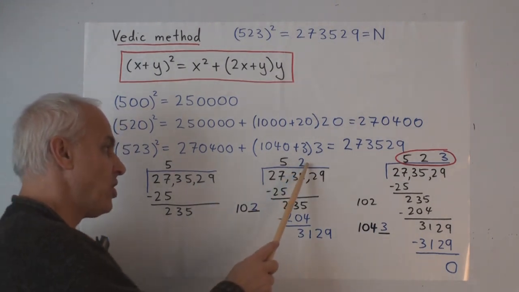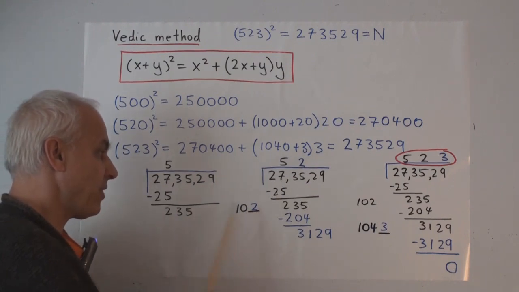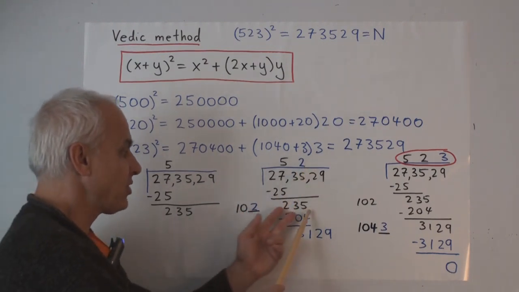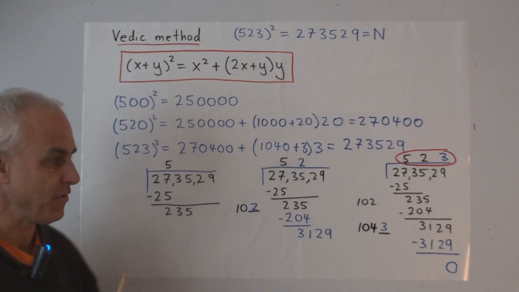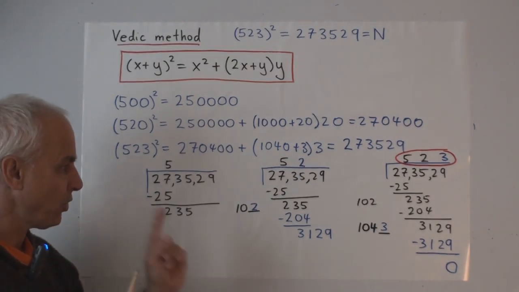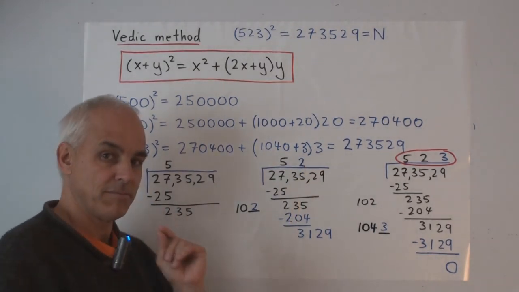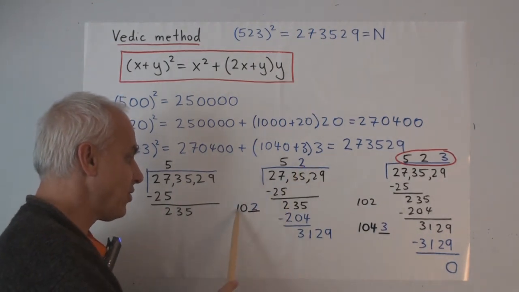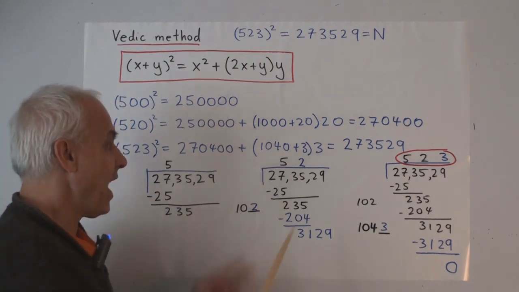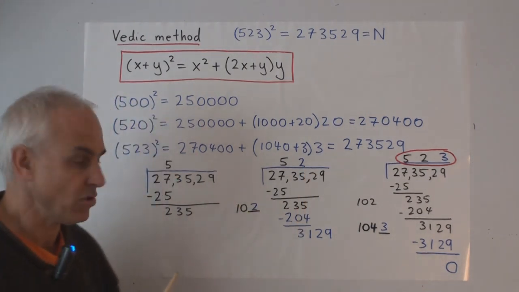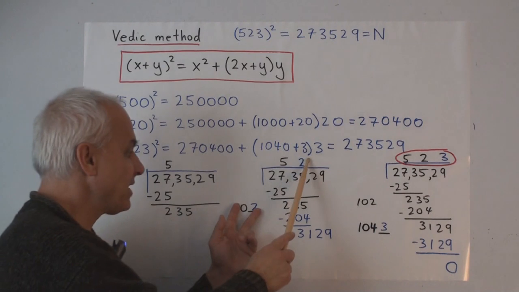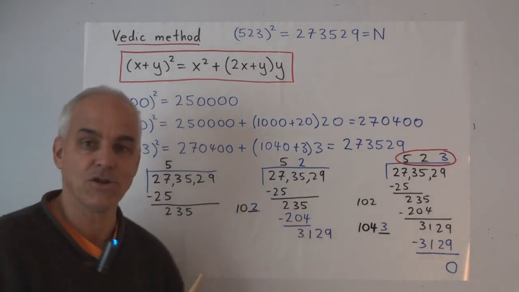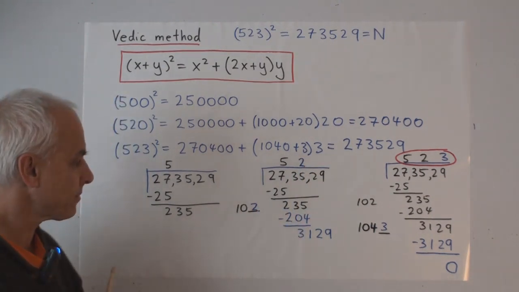has the property that this number 10 with a digit, times the digit, is pretty close to our remainder 235. So we're looking for a digit, a number between 0 and 9, so that when you add it to 10, 10 plus a digit, and multiply it by the digit y, you're getting something that's close but less than 235.